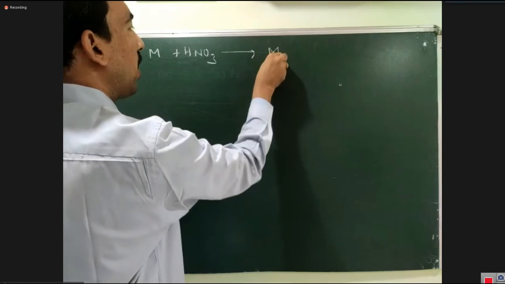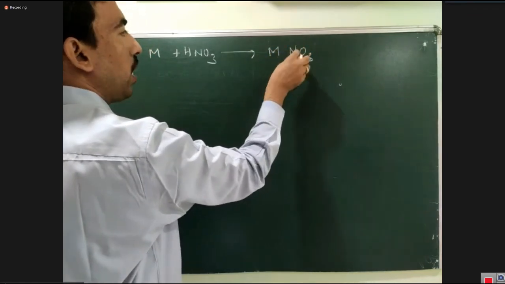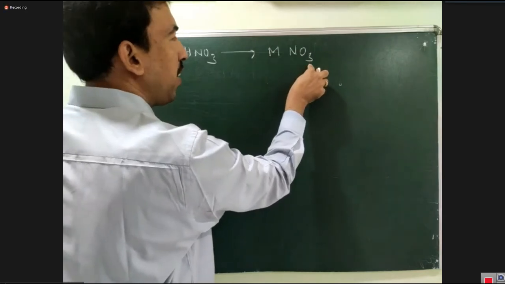Metal, MO. Listen to all of it carefully. What he is saying: 1.6 grams of metal dissolved in HNO3 to prepare nitrate. NO3 minus ion is called nitrate.